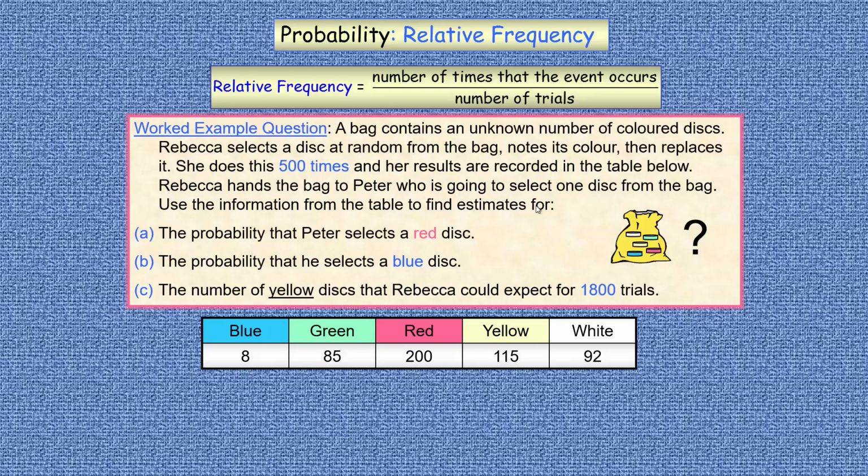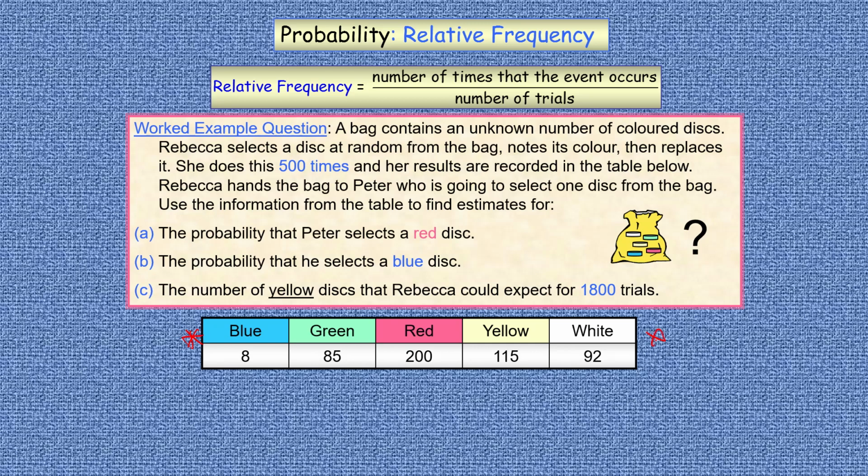Okay, so let's have a look at this example here. The bag contains an unknown number of colored discs. Rebecca selects a disc at random, notes its color, replaces it, and she does it 500 times, and the information is recorded in this table below.